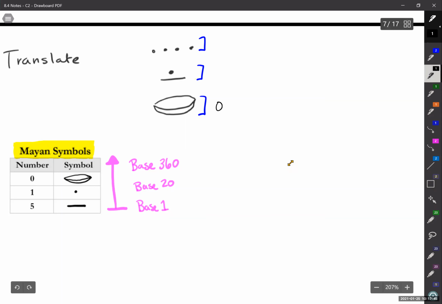So I've got 0 times base 1, plus this is a symbol for 6, times base 20 because it's in the second location, plus 4 times base 360. Multiply each of these and then add them together.